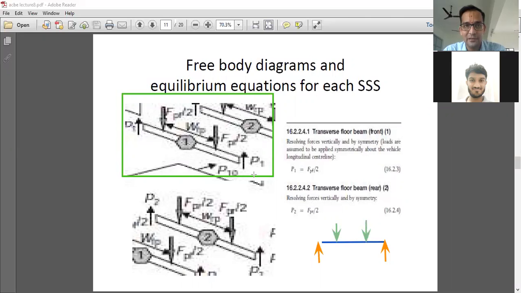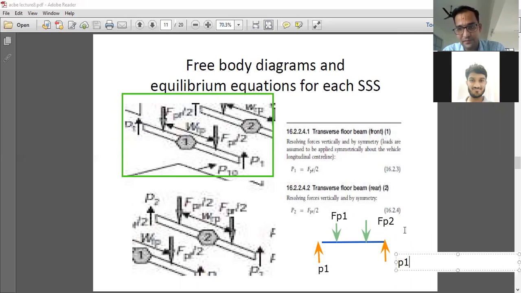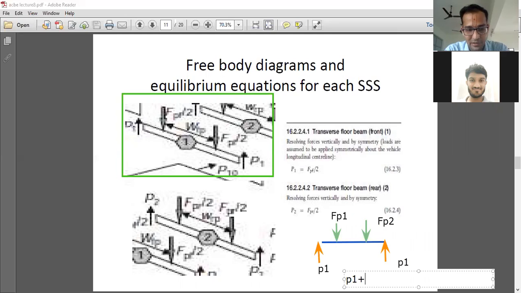Now if I am designating it in a particular manner, this is the front passenger 1's load and this is the front passenger 2's load, and the reaction offered is P1 at both the regions, then our consideration will go like this: P1 plus P2 equals FP1 plus FP2. This is the reaction equation we see.